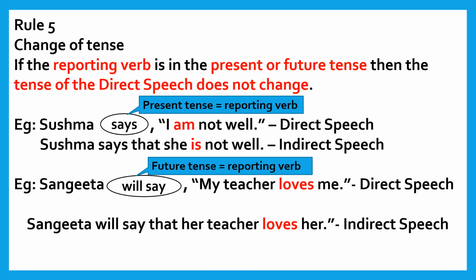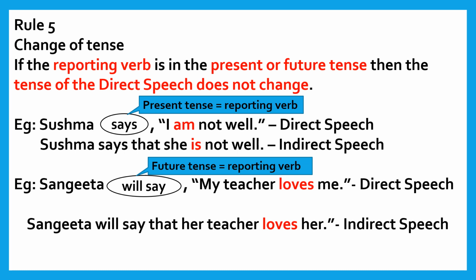Look at the second example. Sangeeta will say, "My teacher loves me." This sentence is in the direct speech. Look at the reporting verb in this sentence. The reporting verb "will say" is in the future tense. Therefore, when we convert this sentence into indirect speech, there will be no change in the tense.